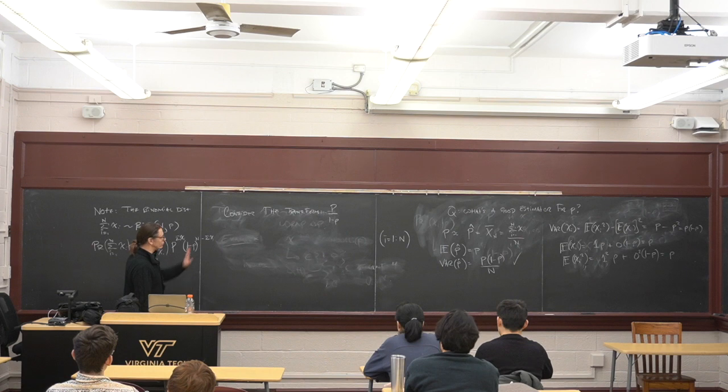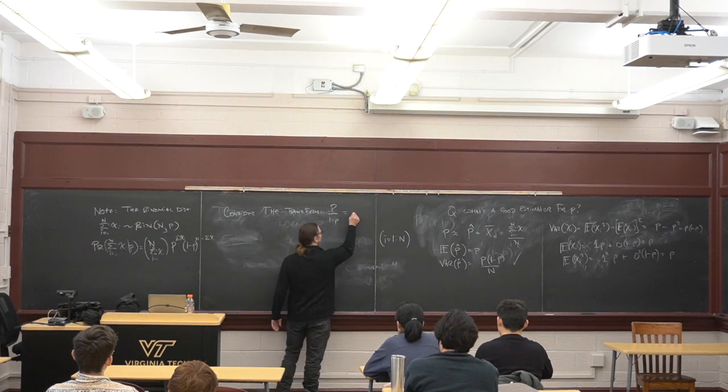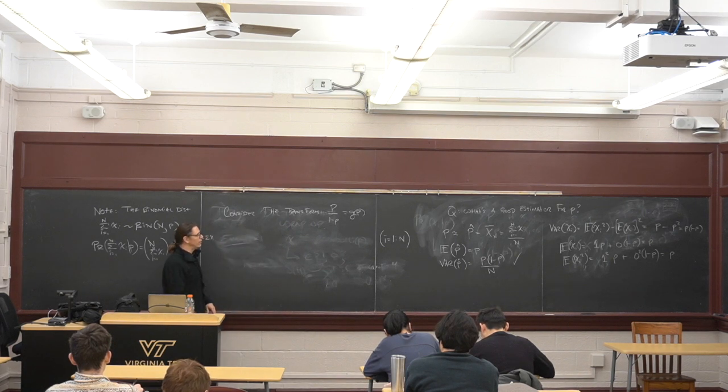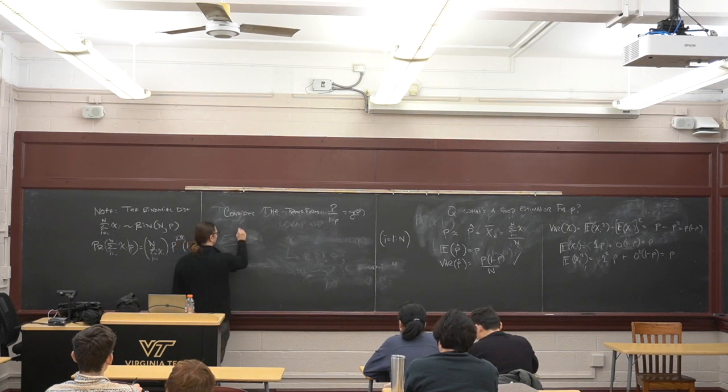So consider this transform right here. I'll call this g(p). If I wanted to apply the delta method, what I need to do is compute, I'll say, these first 2 steps.